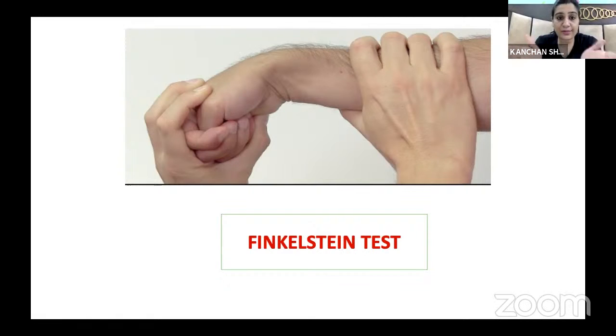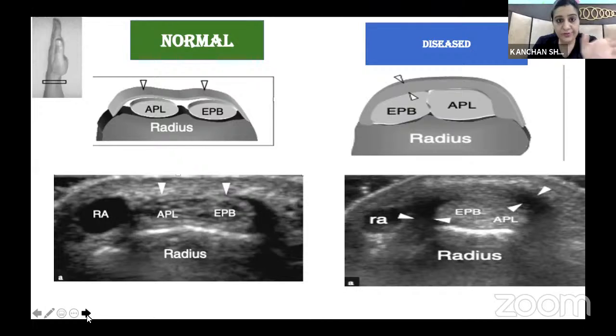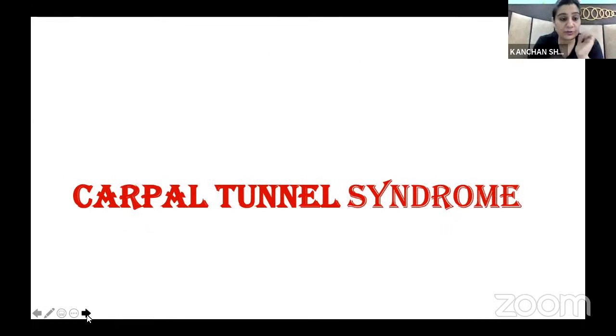Finkelstein test is going to be positive in both the cases. So we are not going to take it as a base, but we will take the symptoms of the patient, okay? And De Quervain's, mostly it is here, but in case of superficial radial nerve, this may be a wider area, right? So this is how you should distinguish between these two structures, these two pathologies.